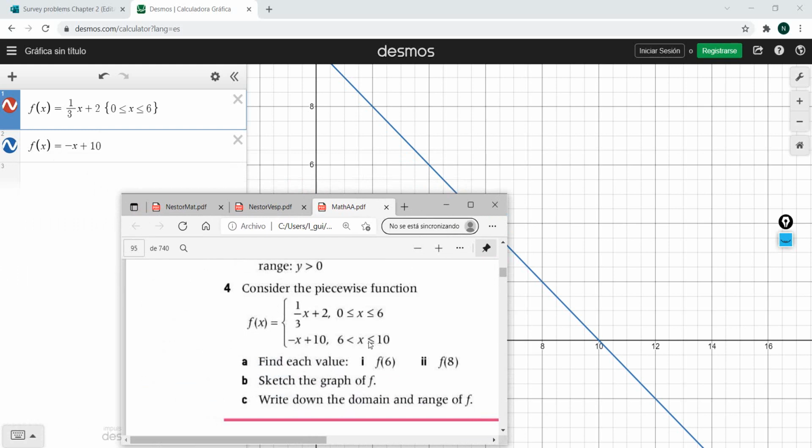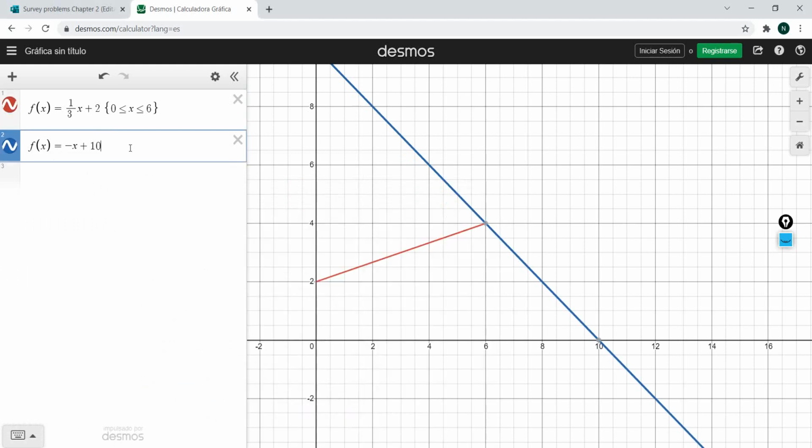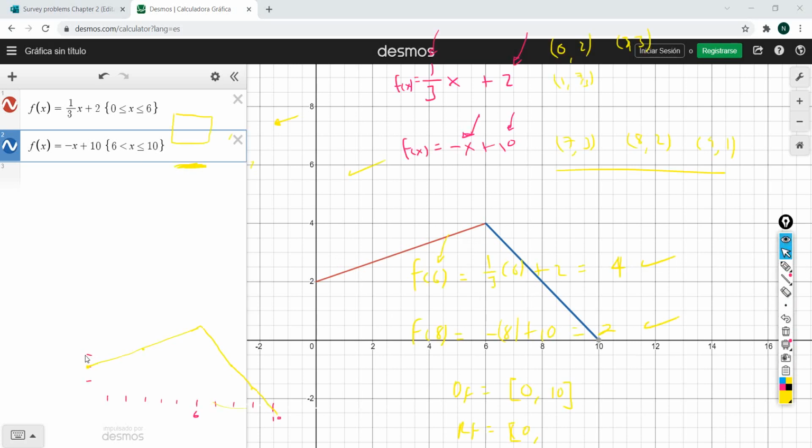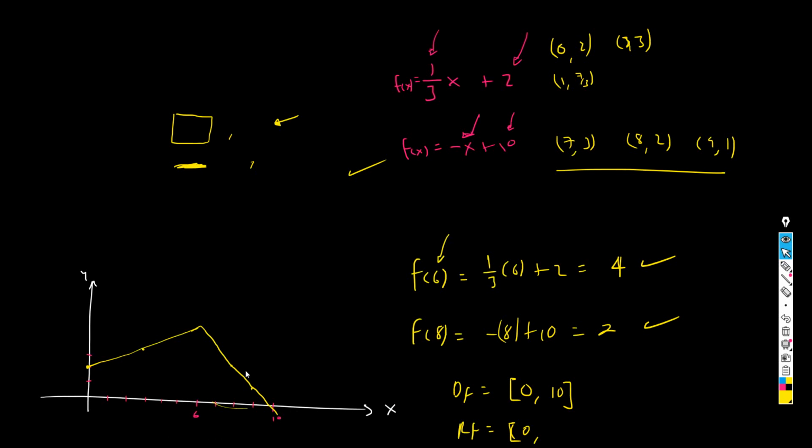This one goes from 6 to 10, including. Okay, this is the one. How well did I do it? Yeah, can you see? It's pretty much that stuff. That was my look. This was my sketch, and I did it by hand.